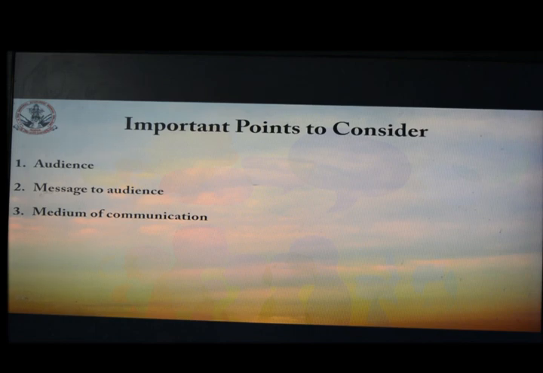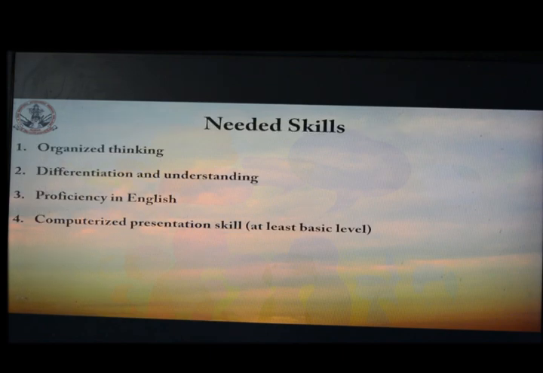Suppose you are going to present in a region, then in that specific region you have to use the language that they can understand very well, if it is an oral presentation. But for a global audience, we usually use English. So for this, some skills are needed, like organized thinking to present ideas.